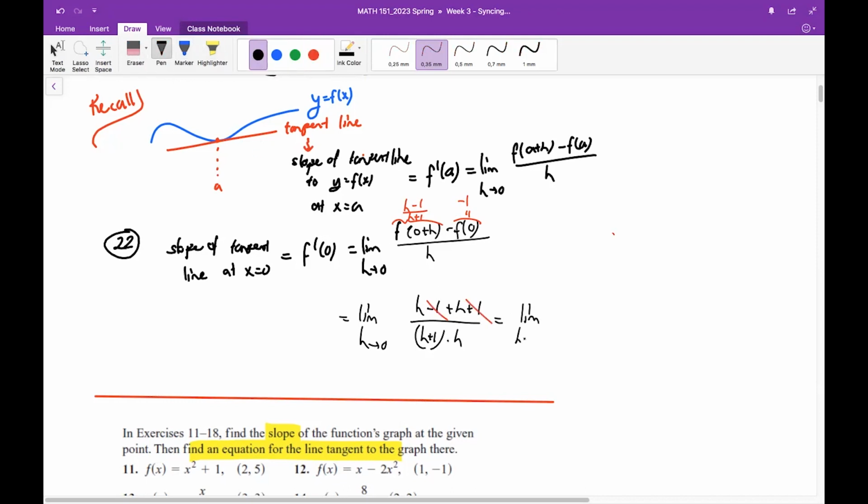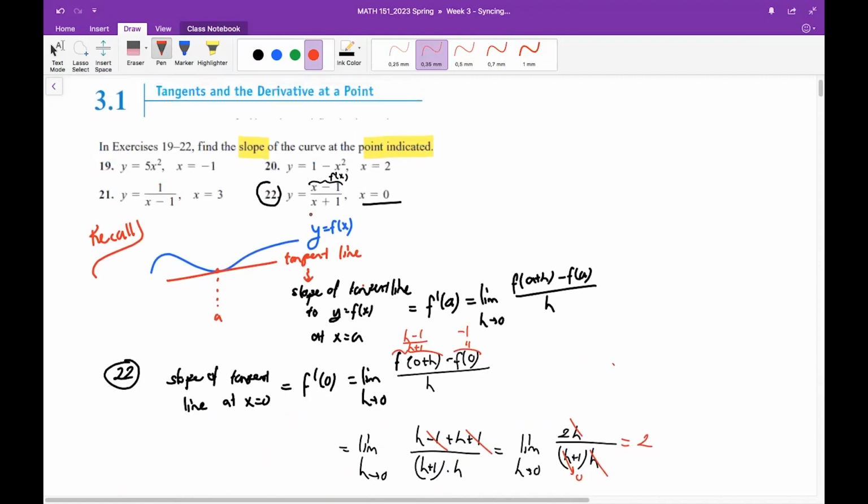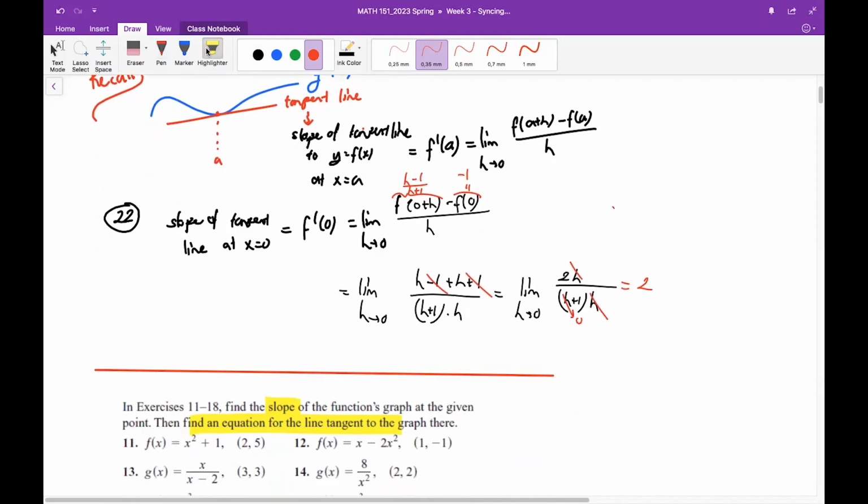So what we have, as h goes to 0, is 2h divided by h plus 1 times h. Then you can simplify these two, and then you send h to 0 to find the result of the limit as 2, right? This is the slope of the tangent line drawn to this function at this point. Okay, that's it. The slope is computed as 2.